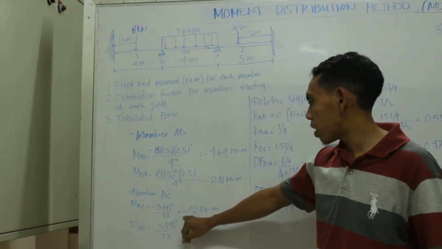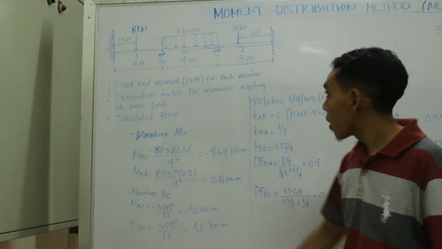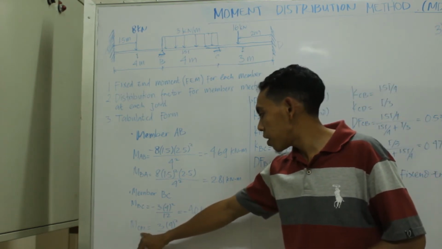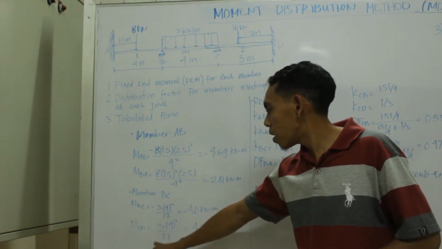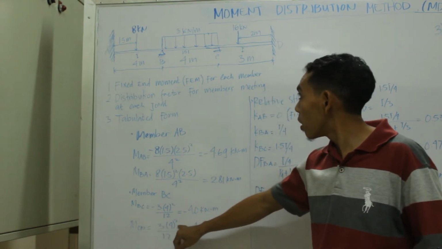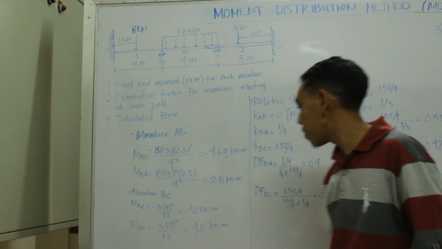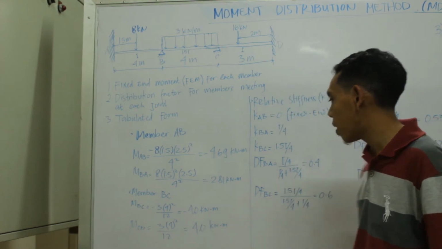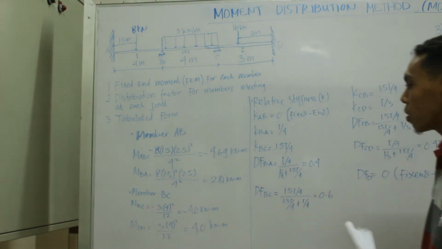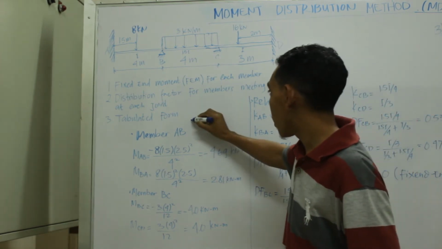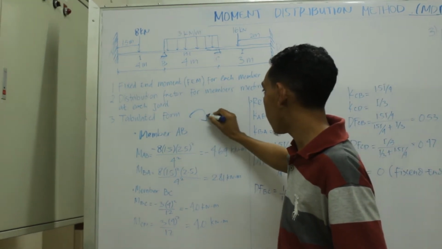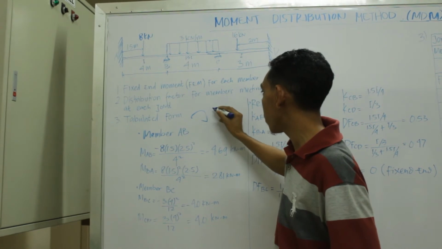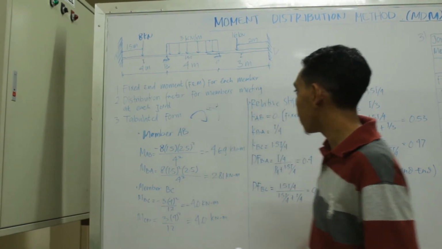So it is equal to negative 4 kilonewton meter. And for the moment at member CB, it is positive 3 times 4 squared over 12, so we have a positive value of 4 kilonewton meter, because we consider the clockwise direction a negative value and counterclockwise direction a positive value.